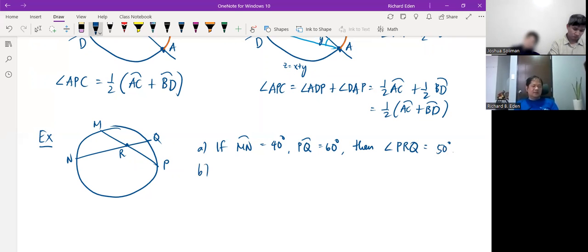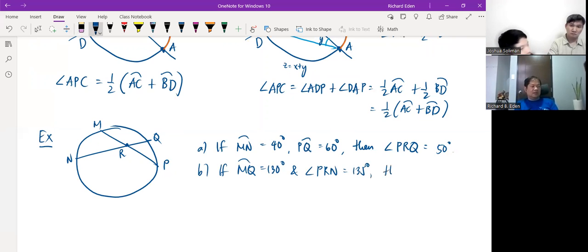And then B. If arc MQ is 130 degrees and angle PRN equals 135 degrees, then what can you say about arc NP?